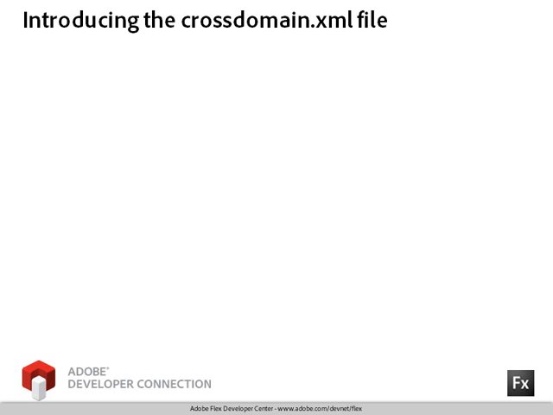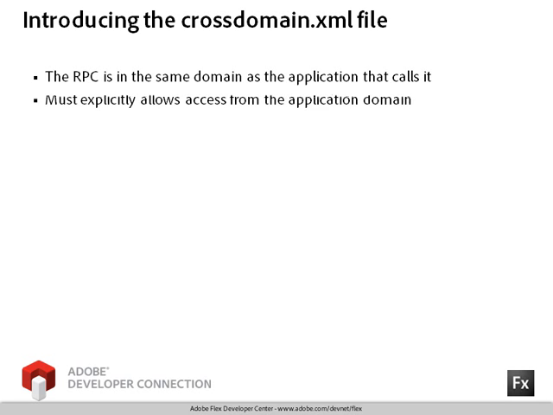The last topic of this video is the crossdomain.xml file. When you access RPC services with the RPC components, you are connecting to the service directly, which means that you might run into some security issues. The RPC service must be in the same domain as the application that calls it.